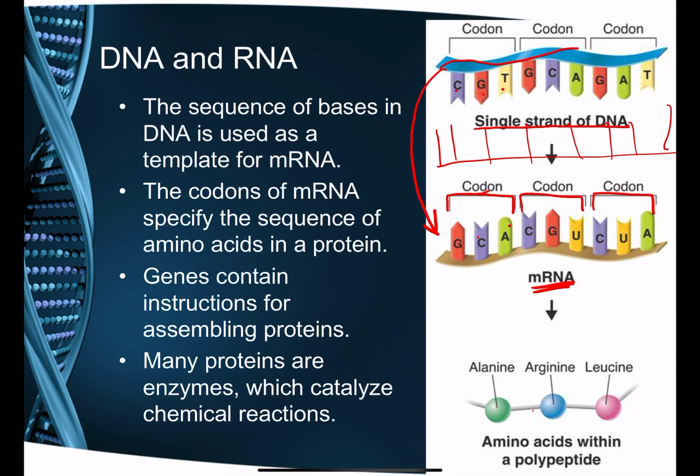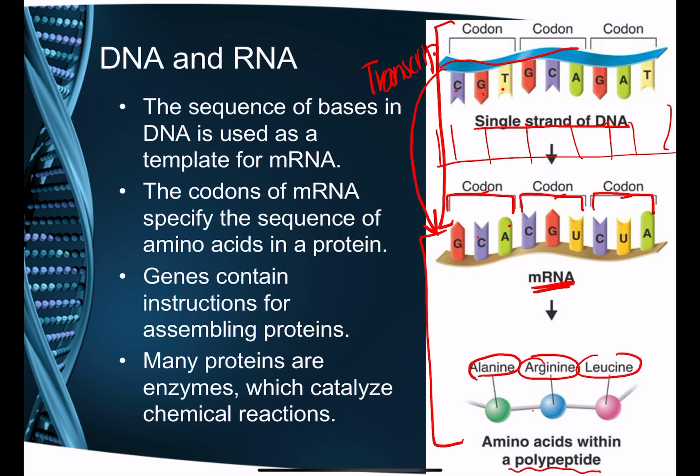And these codons code for the amino acids, which are here, that are used to make a polypeptide or a protein. Okay? This part is transcription. This part is translation. In the nucleus and in the ribosome.